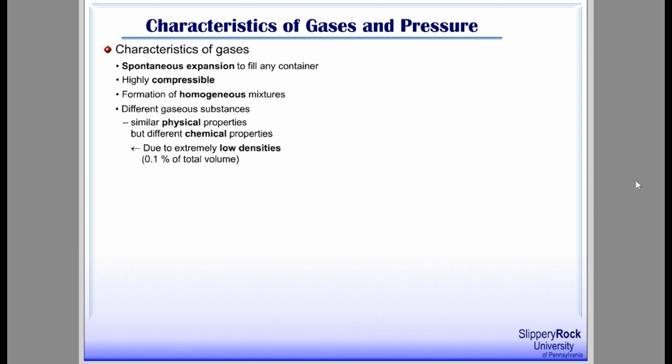That is why the molecules in gas phase have similar physical properties, no matter how different they are in chemical nature. The properties of gases can be described by pressure, volume, temperature, and number of moles.